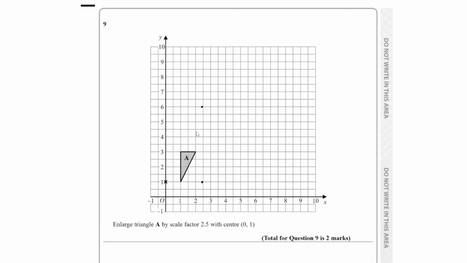And then from that corner, let's say across is 1, so that's 2.5 across, so (1, 2.5) here. And then I could just map out my shape with my ruler. So not only is it 2.5 times bigger, but do you see it's also, that was a really bad line, it's also 2.5 times further away from the centre. So that's how I do it. You might use the lines, that's also fine.